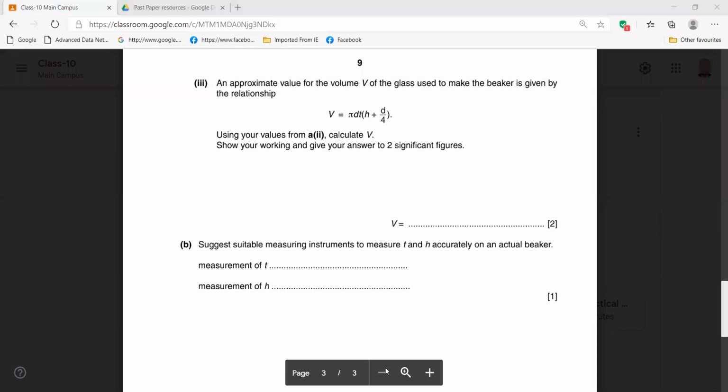Write the unit also. Centimeter cube. And in bracket you write 2 SF.